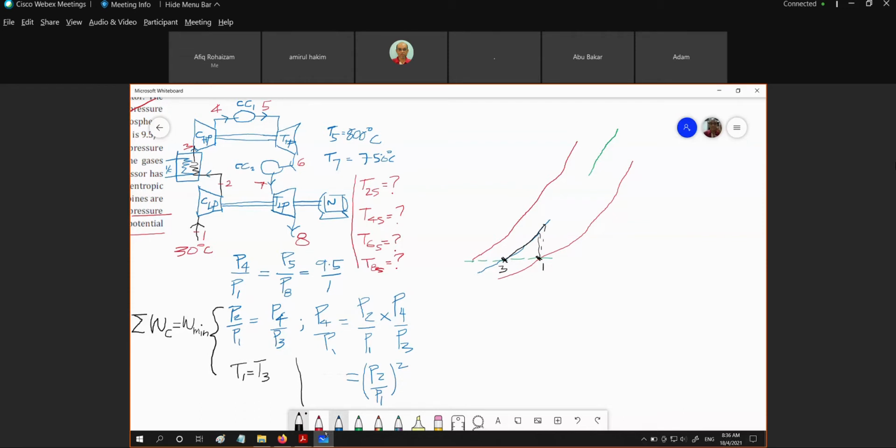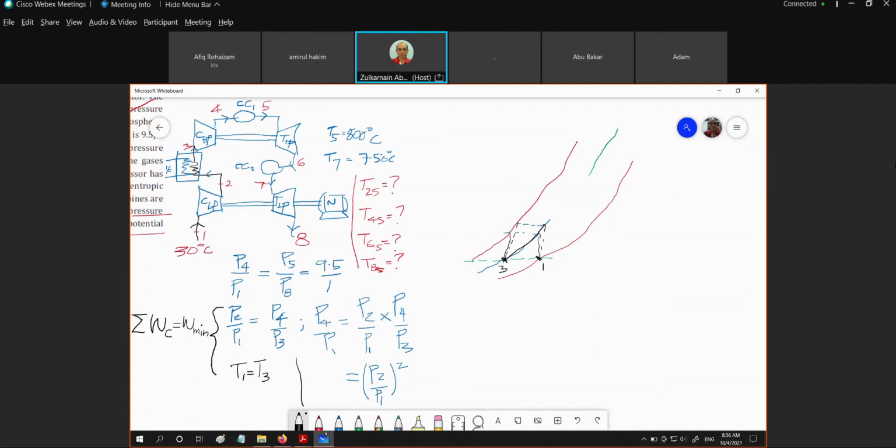Okay, due to the same isentropic efficiency, complete intercooling, same pressure ratio, what we are going to have for the second compression process, the temperature will be the same.